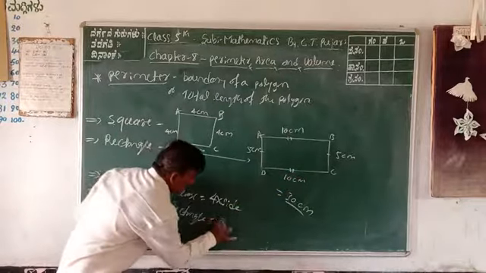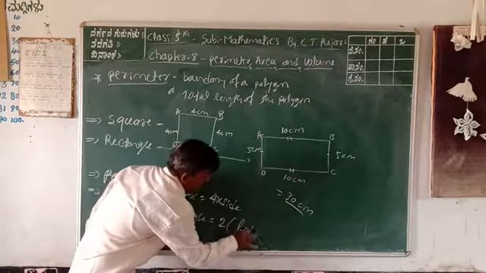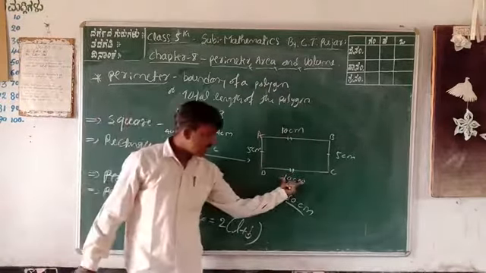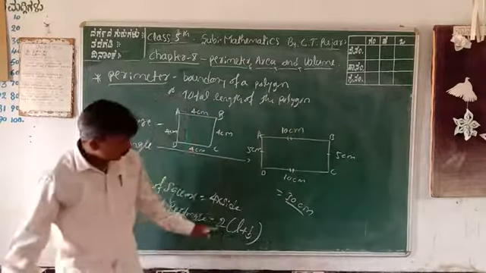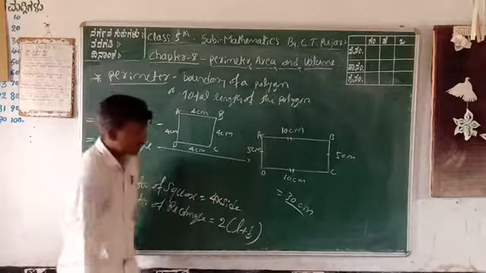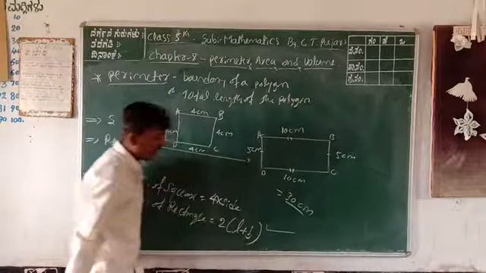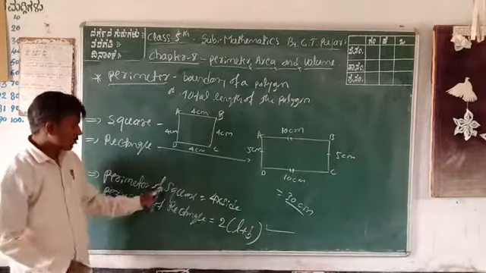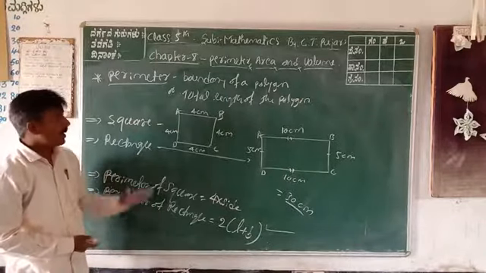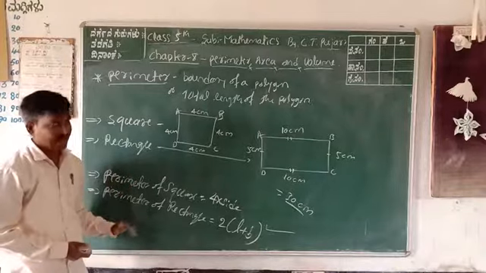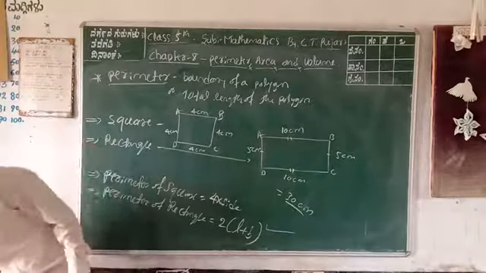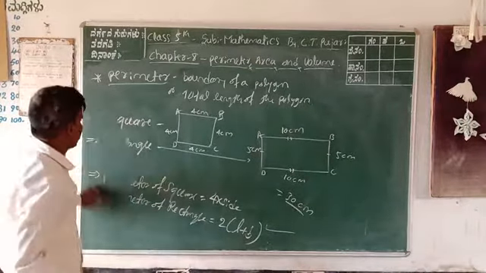Therefore, the perimeter of a rectangle is 2 into bracket of L plus B. Got it? These two formulas are most important when you find the perimeter of a square as well as the perimeter of a rectangle. Okay, take some examples on perimeter.